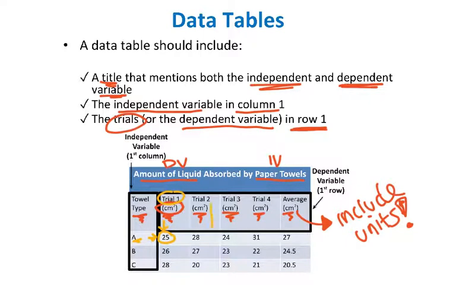Trial 2, and then towel type A all the way across, 28 centimeters squared, okay? Towel type A, trial 3, 24 centimeters squared. Trial 4 for towel type A was 31. And then we got an average, okay? So right here, this is the average. 27 centimeters squared is the average amount of liquid absorbed by towel type A, okay? It's all 4 of these trials averaged together.